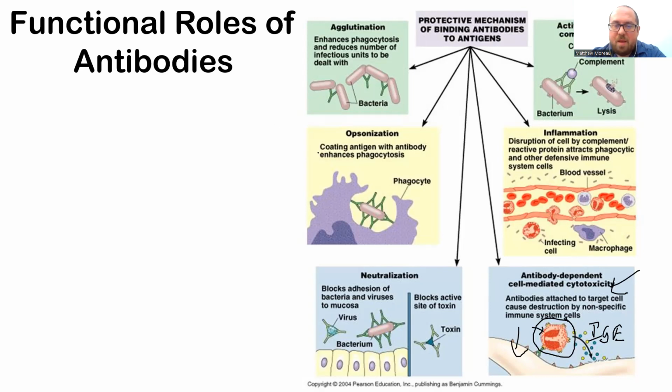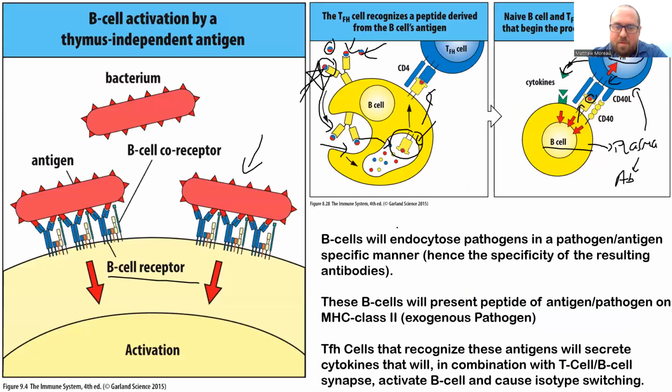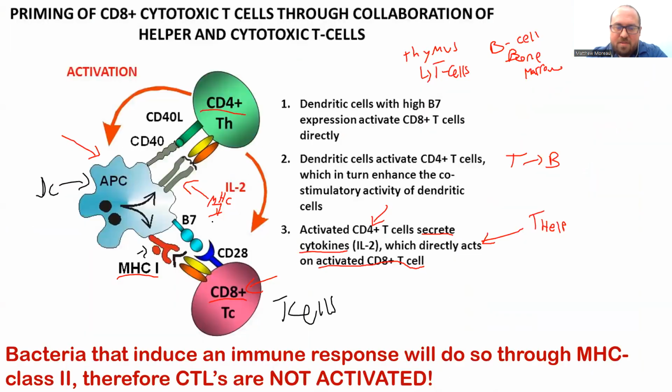So what are the other five, and what do they do as far as functionality? Well, we're going to look at this one here first. Opsonization. As I mentioned before, here are antibodies that are bound. The constant region is effacing, which means that there are receptors on different phagocytes that can enhance the ability for phagocytosis and recognition. And again, this is because your adaptive immune system only has the capacity, really, to kill human cells.